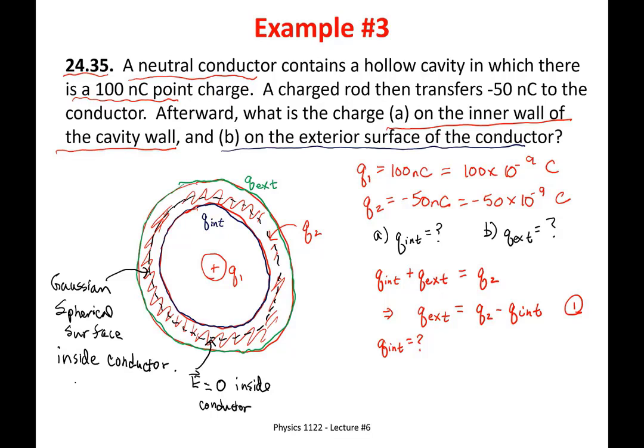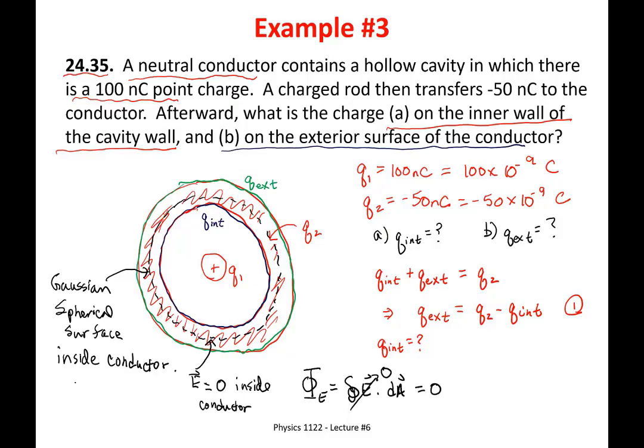So if I try to apply a Gauss's law analysis to this Gaussian spherical surface, I would find that the flux through the surface, since E is zero everywhere along the surface, is going to be equal to zero.